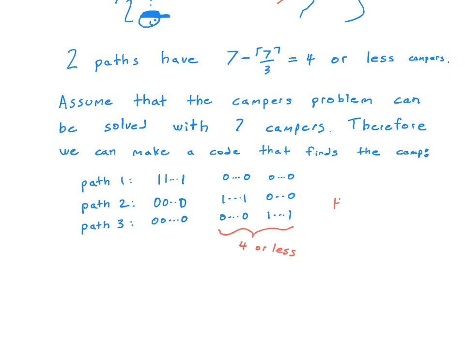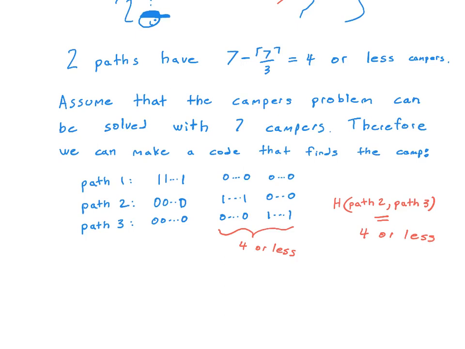So the Hamming distance, if we write h of the code word path 2, comma, path 3, that represents the Hamming distance between those two, and the Hamming distance is 4 or less. We don't know if it's 4 or 3 or 2 or 1, but what this means is that the minimum Hamming distance, the smallest Hamming distance that we can possibly find, is also 4 or less.